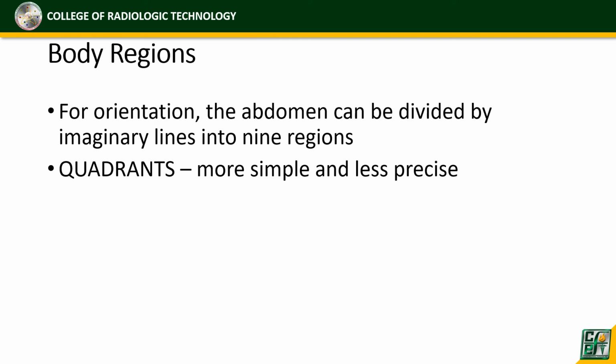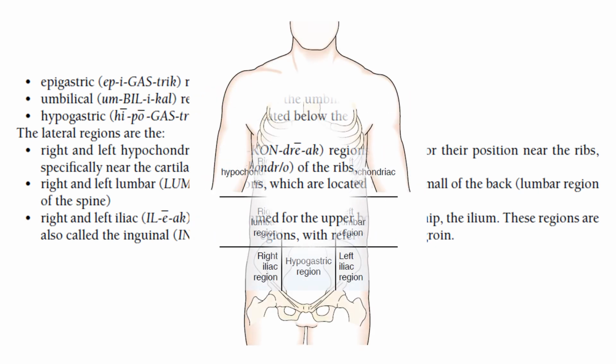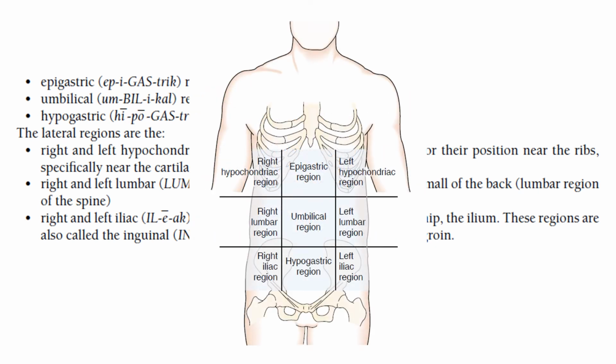How about the 9 regions of the abdomen? We have the epigastric region. Epi means above the stomach. Next, in the same row, we have the right and left hypochondriac regions.